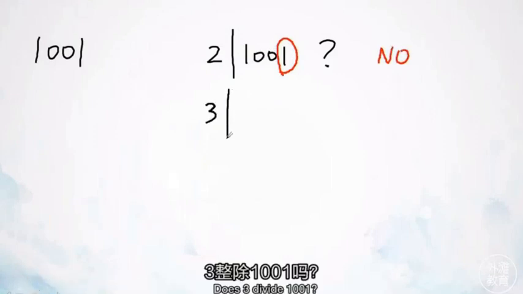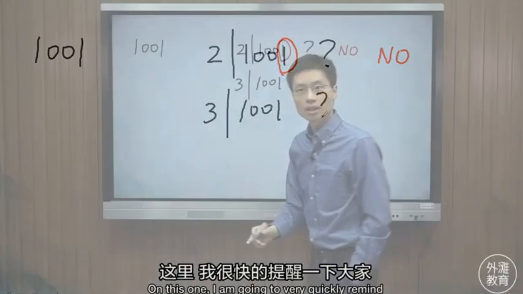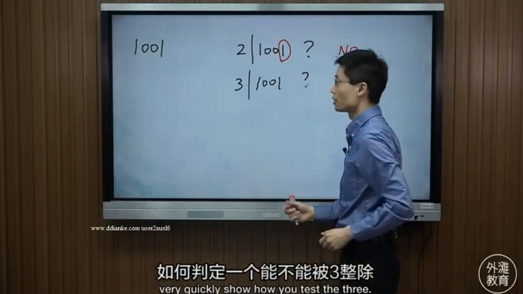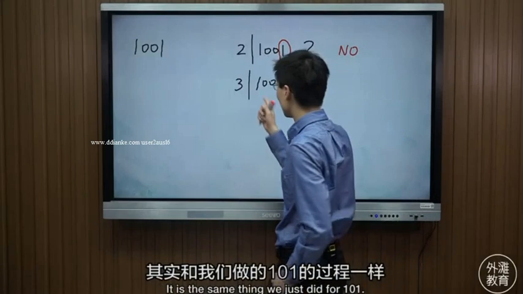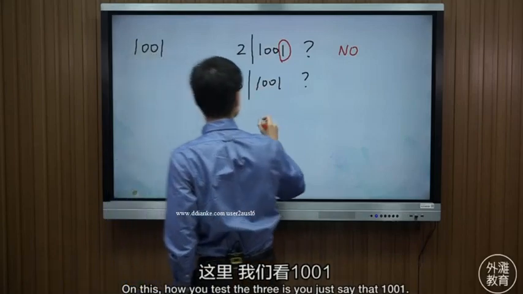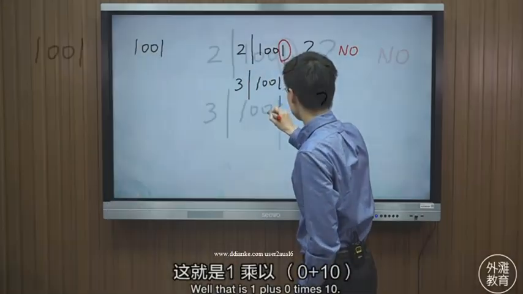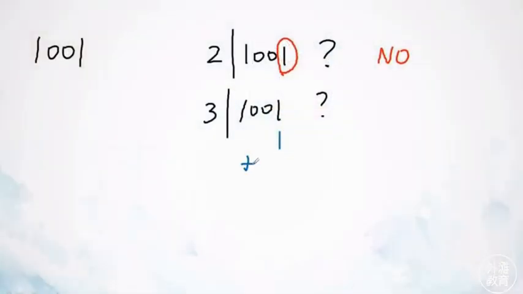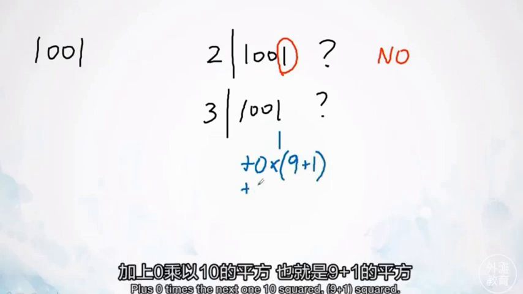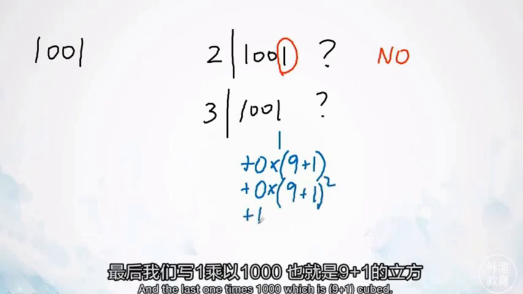Does 3 divide 1001? On this one, I'm going to very quickly remind you how you test for 3. It's the same thing we just did with the 101. How you test 3 is you say that 1001 is 1 plus 0 times 10, where 10 I will write as 9 plus 1, plus 0 times 10 squared, 9 plus 1 squared, and the last one is 1 times 1000, which is 9 plus 1 cubed.